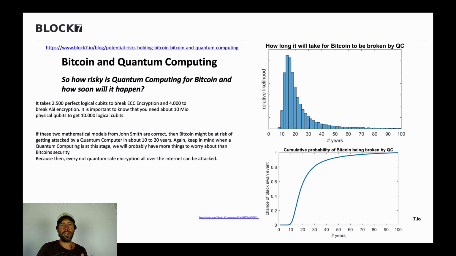Because if we change the encryption, it's very likely that your private key will not work anymore on wallets if you don't do the update or whatever. But maybe there will be just a web interface where you can put in your old private key.